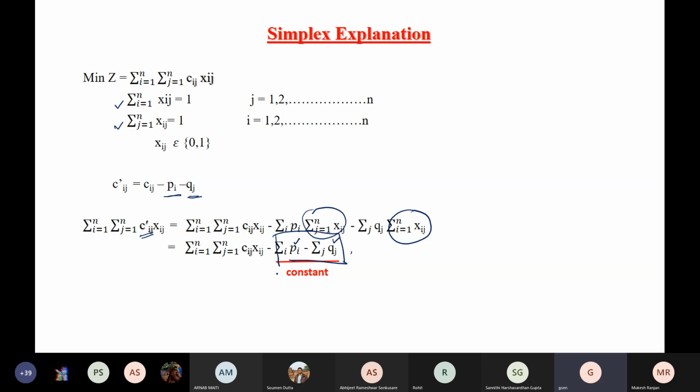Essentially, the idea is to reduce the elements of the table in a fashion that finally you get a feasible assignment of zeros and your minimum value would be 0 as far as this entire equation is concerned. But then you have to go back to the original Cij values and report the actual objective value.